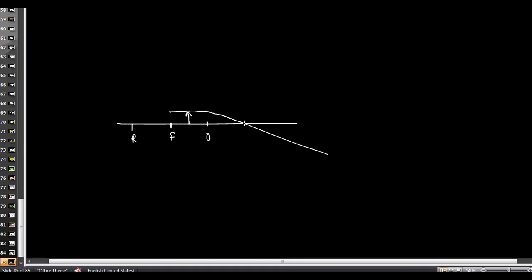So let's assume this one is focus here, focus 2, F2, this is F1, this is R1, and this one is R2. And if another ray is passing through it, it is passing through the radius of curvature. Let me draw the lens here right now.